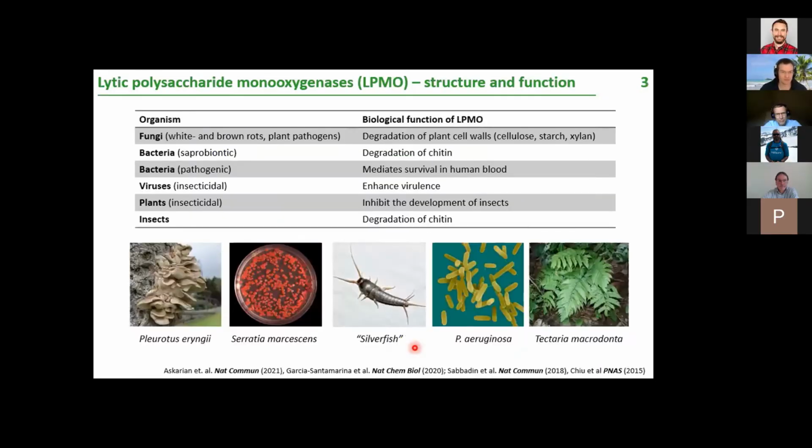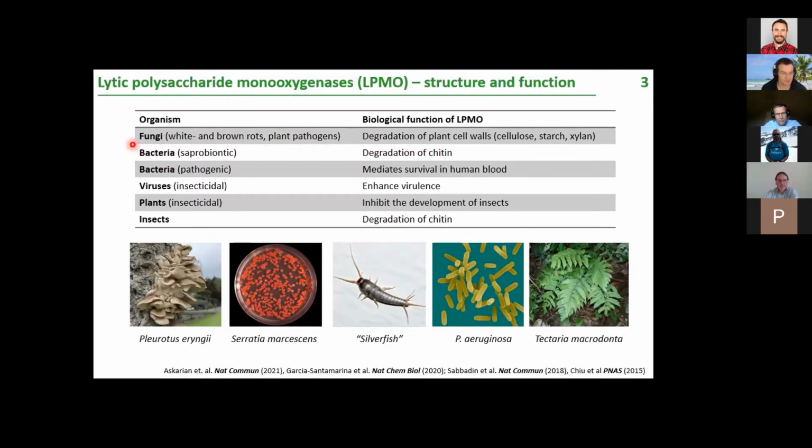One important thing that I would like to note is that LPMOs in the last couple of years have emerged in a number of organisms. Originally LPMOs have been identified in bacteria. The highest diversity we probably find in fungi, at least from the LPMOs that have been characterized, where they degrade all the major plant polysaccharides.